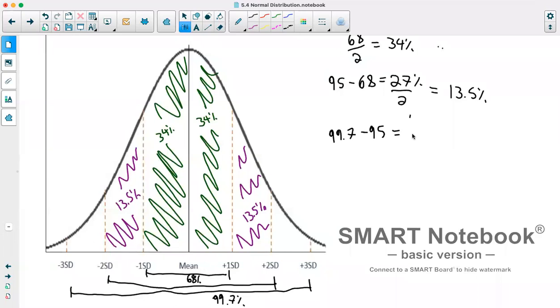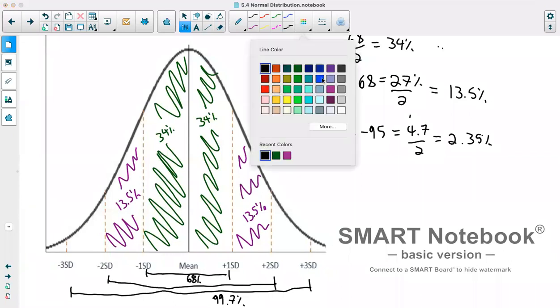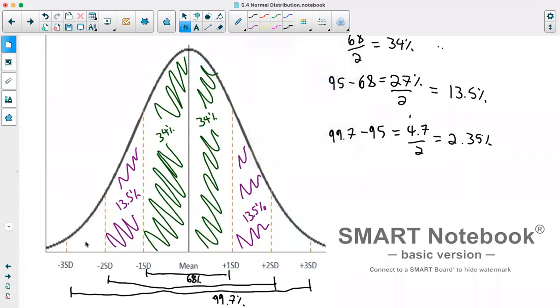So that gives us 4.7. We'll divide that by 2. So that gives us 2.35% of the data. So we have 2.35% in this section, 2.35% in this section.